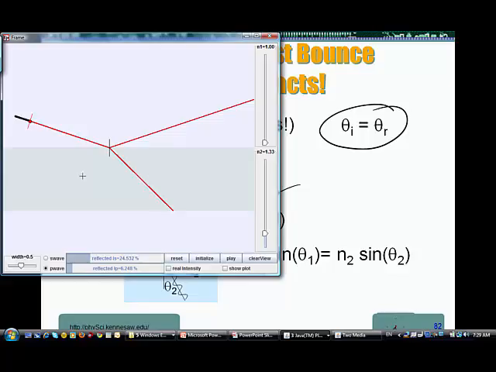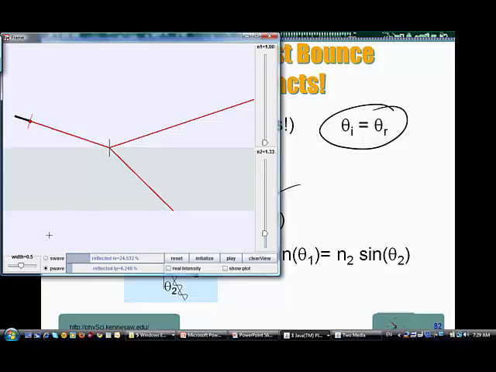Now, for this particular simulation, we can show a few things. You see this red line here is showing us how the wave of the light beam is oscillating.